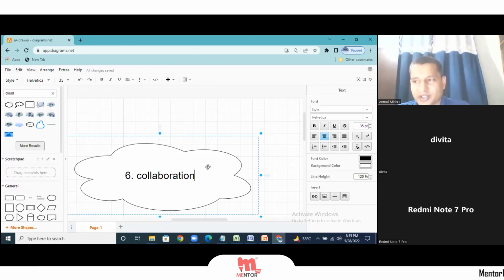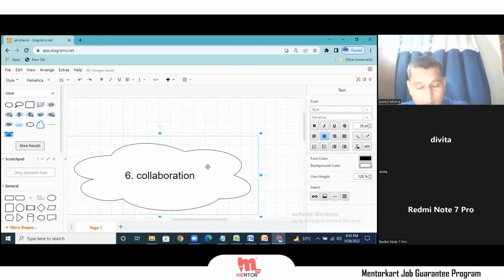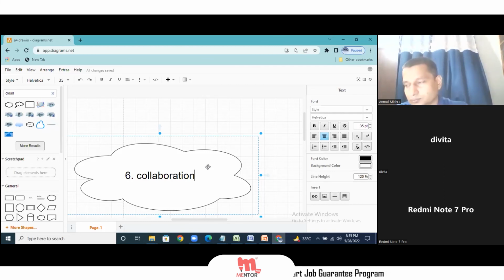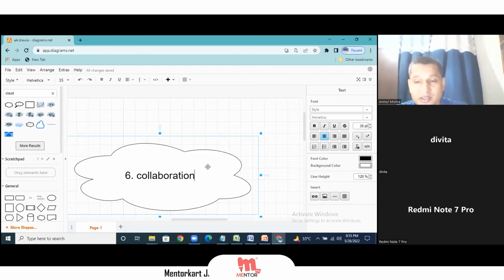What is collaboration in cloud computing? Working with others is the English definition of collaboration. How can we explain collaboration in cloud computing? Take 1 or 2 minutes to define how we can explain collaboration in cloud.